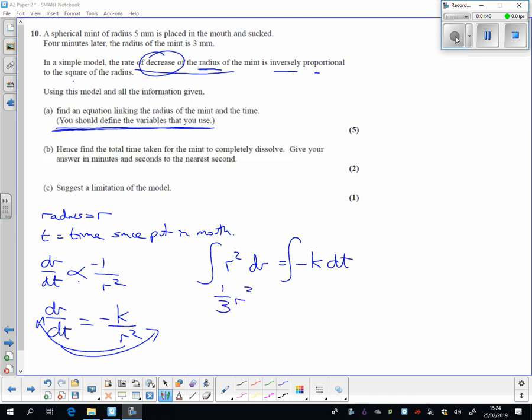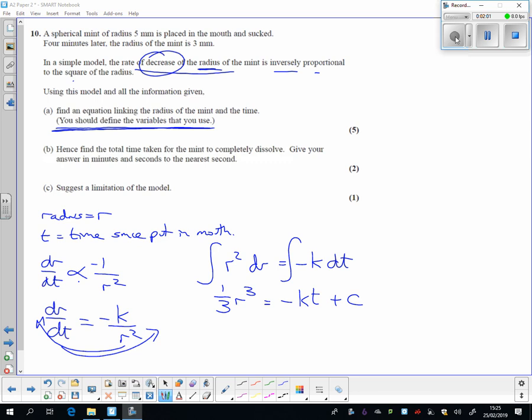Nice easy integral on the left hand side, r cubed times a third, and here we've got our good old friend kt, but kt always brings c with her, so kt plus c.